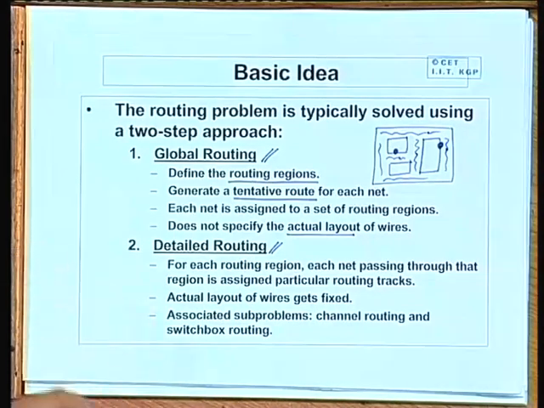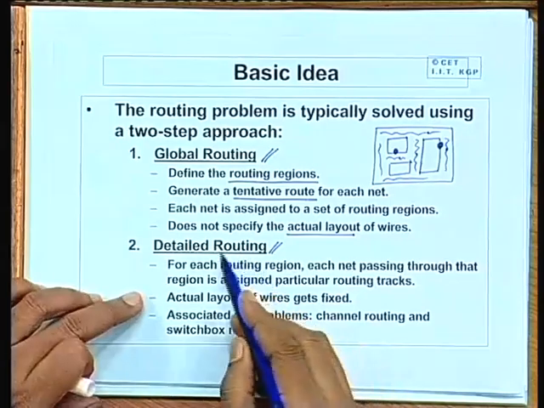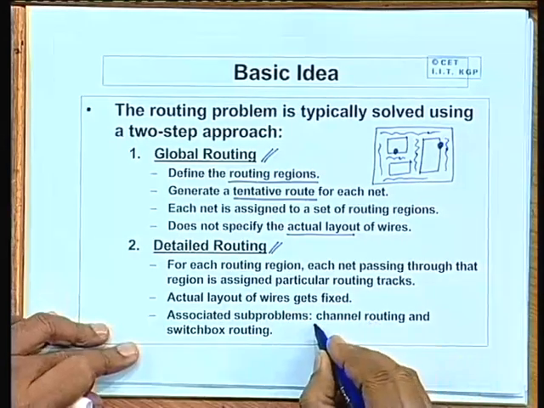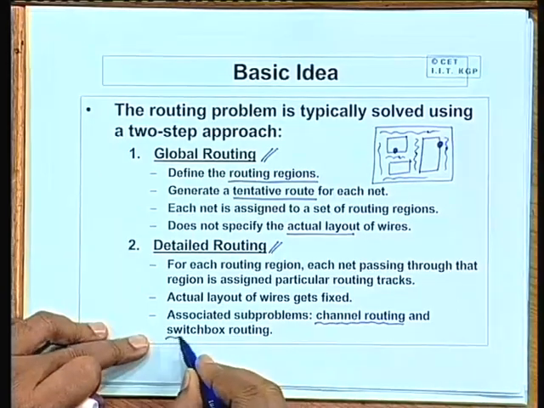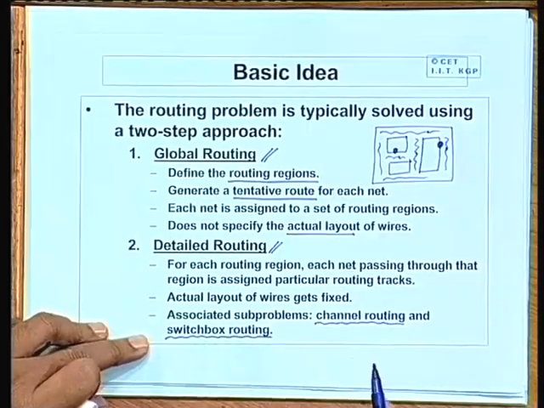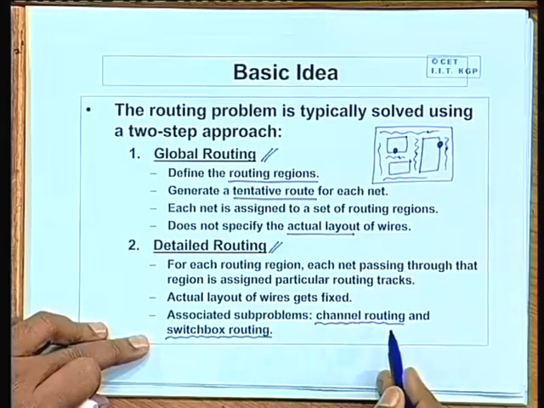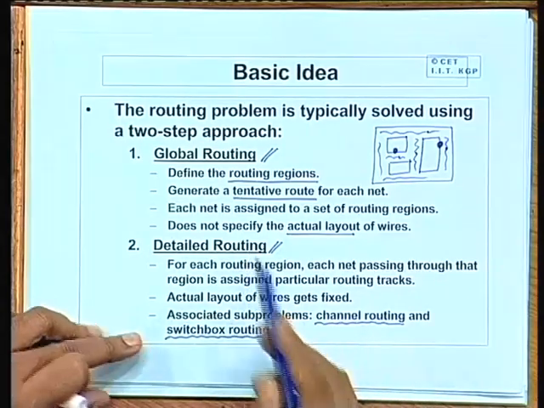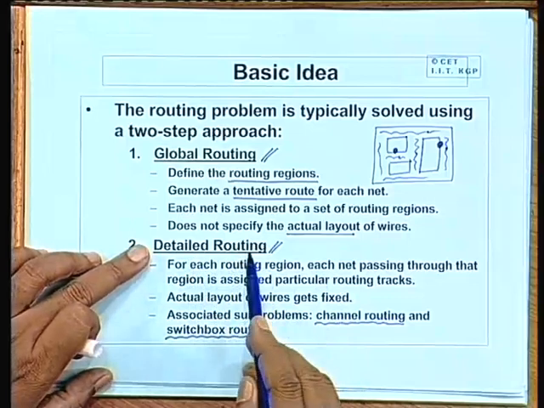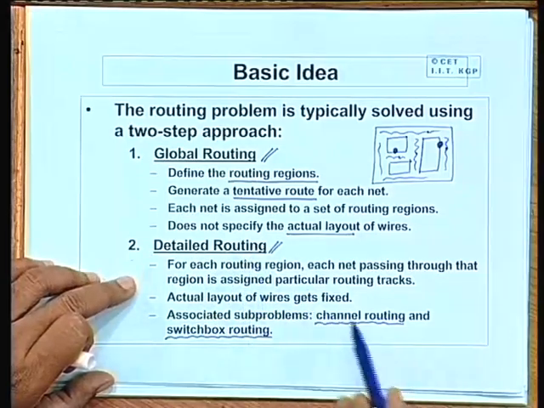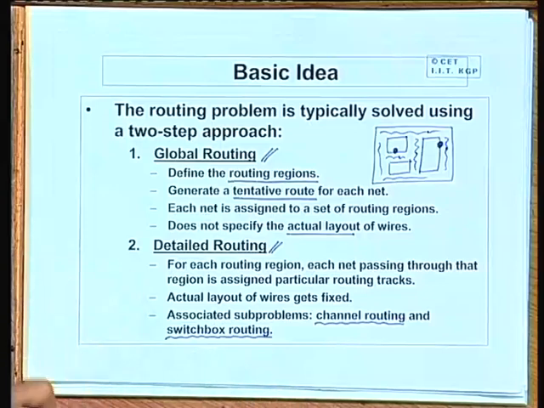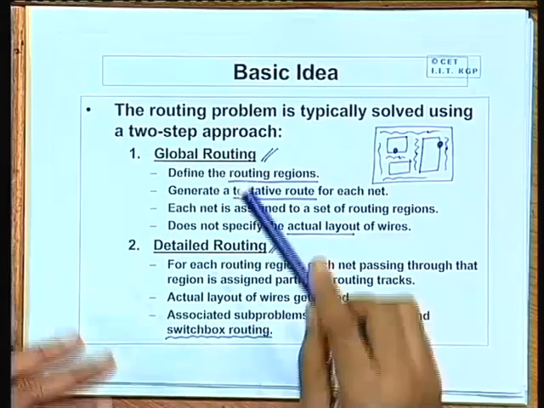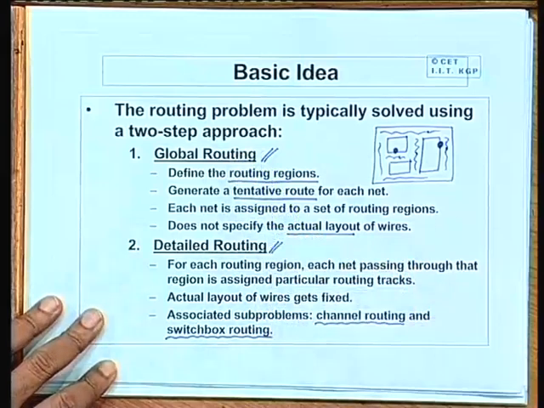Okay. Now, we will see later that for this detailed routing, there are two sub problems which come up. One is called channel routing and the other is called switch box routing. And in fact, all the most common detailed routing sub problems can be mapped into either channel routing or switch box routing. Okay. First, let us look at the problem of global routing.